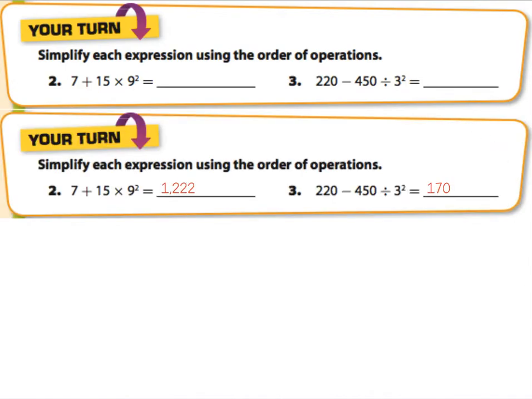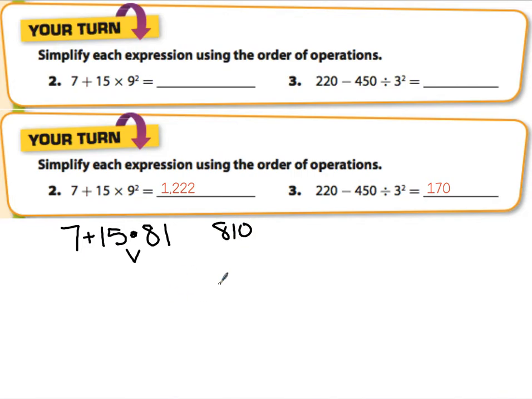All right, so you should have gotten 1,222 and 170. In this case, it should have been 7 plus 15 times 81. Okay, 15 times 81. Well, 81 times 10 would have been 810.